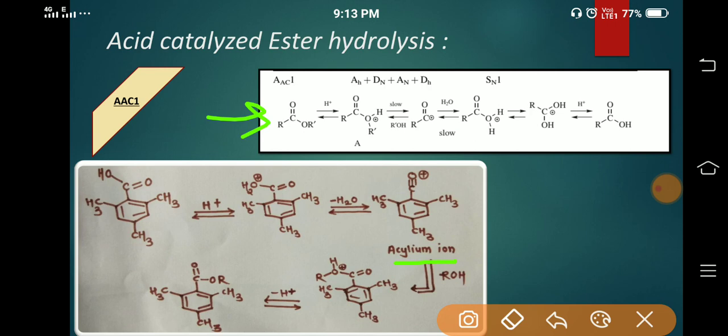as ester hydrolysis, to understand this we can go from the back side to the front side. Okay, so this is the ester molecule, right? First step is association of proton that will lead to the generation of, here it is a plus H. Okay, that is association of proton that can be accepted by the alkoxy group, leading to the generation of this protonated molecule.